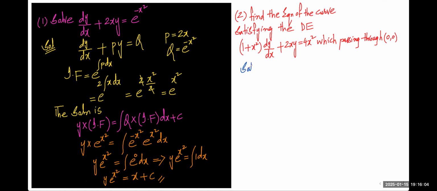First of all, whatever the differential equation is there, you have to solve it. (1 plus x square) dy by dx plus 2xy is equal to 4x square.